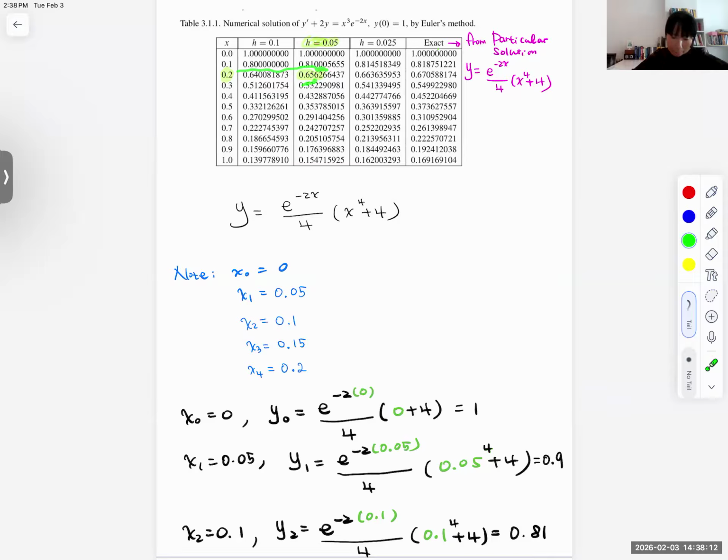I was using 0.05 here. Hold on one second. Then I just compare at 0.2. We had 0.6562 earlier, actually 0.6563 there.